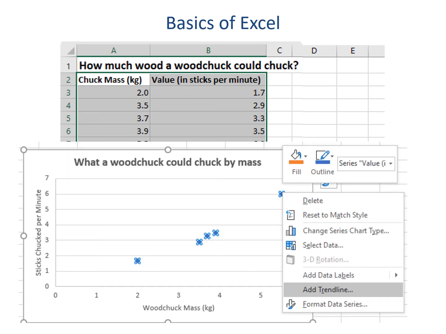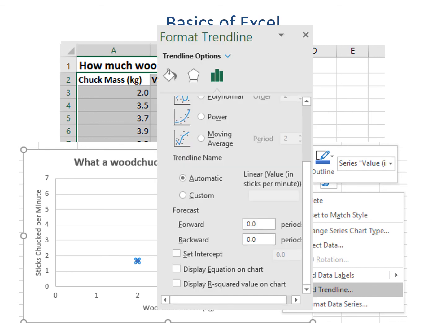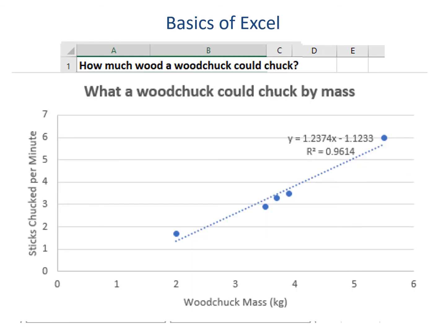A trend line will be drawn through the selected data, and the Format Trend Line option will appear. If you scroll to the bottom, you can find Display Equation on Chart and Display R-squared value on Chart, which are both typically checked for a display of scientific data. And now we have it, an observed relationship between woodchuck mass and chucking capacity. The wonders of science.